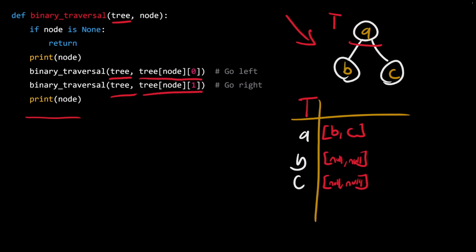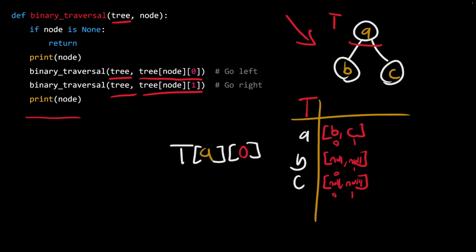nodes. So here, if we wanted to return B, the way we'd notate that would be T, and we say grab us the A entry, and give us the left entry 0. This is indexed 0, then 1, 0, then 1, 0, then 1.